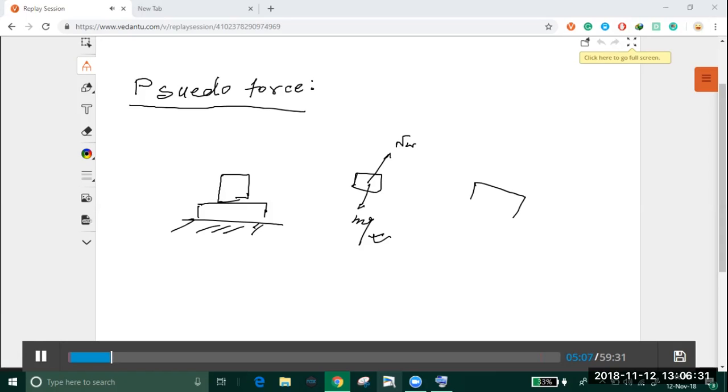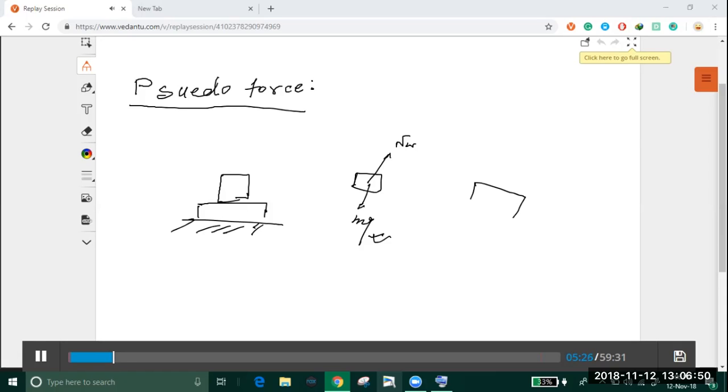What is the direction of normal force? Upward. And why does that normal force get generated, what's the reason?